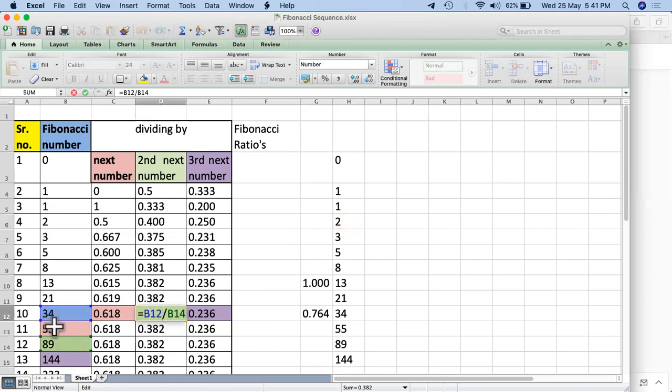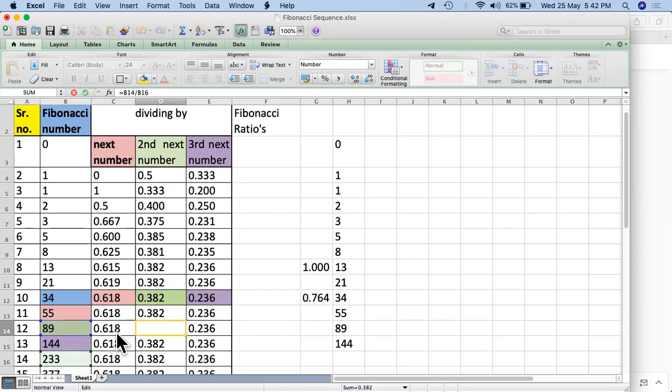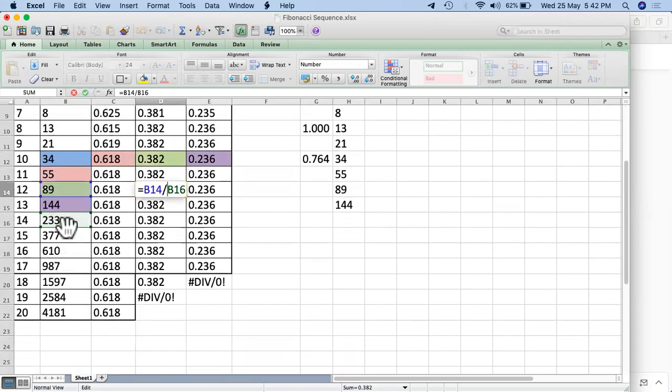Here the numbers are 34 and 89. If we take the next numbers, which are 55 and 144, we are getting the same ratio. Here is the next ratio, 89 and 233. So we got 0.618. This was one ratio. The second ratio is 0.382.